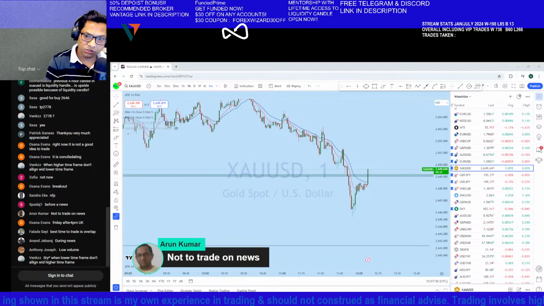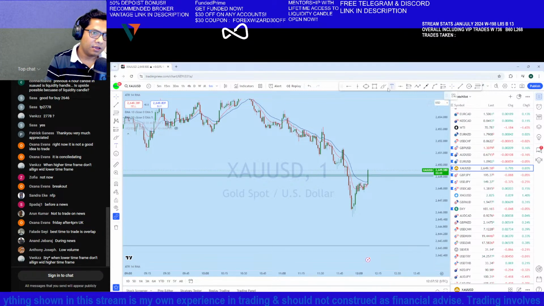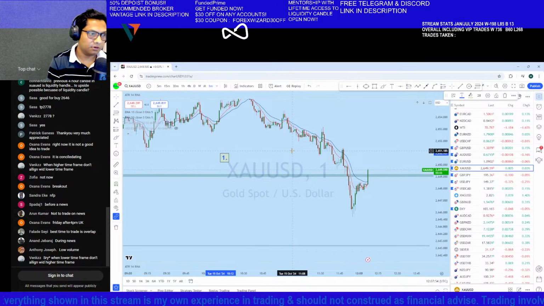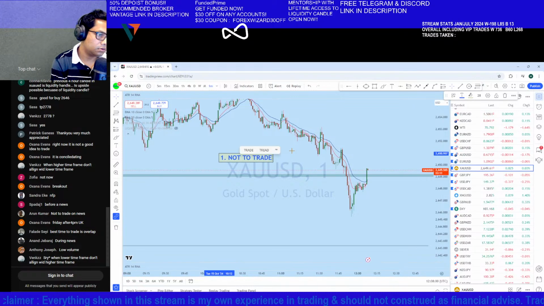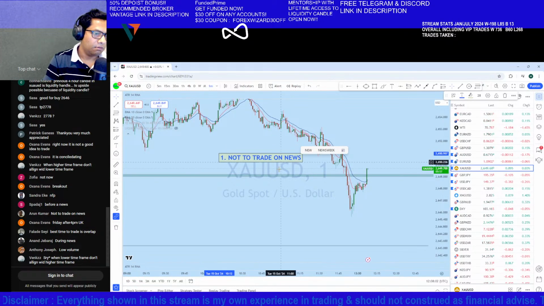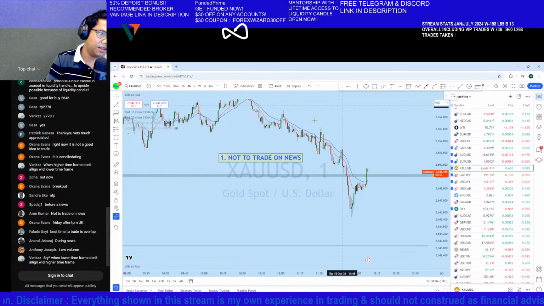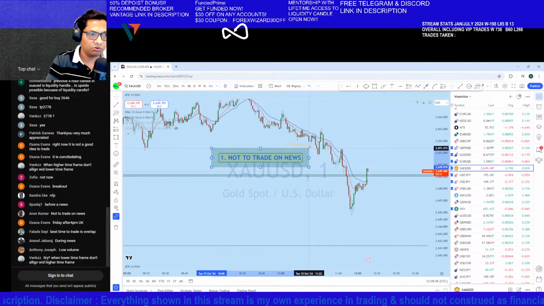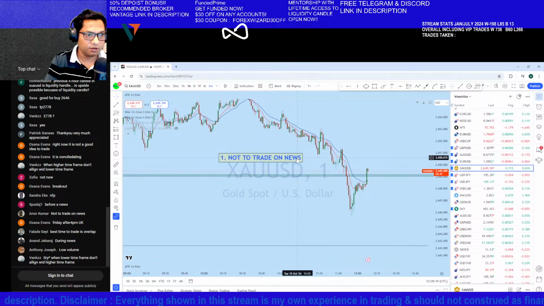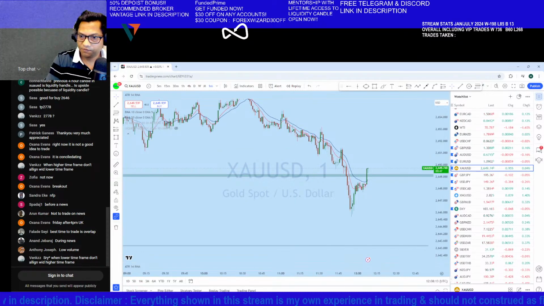Not to trade on news, this is the number one factor that I will consider. So the top priority is not to trade on news, because this is going to be a very, very risky task for you guys if you trade on news. Very good point.